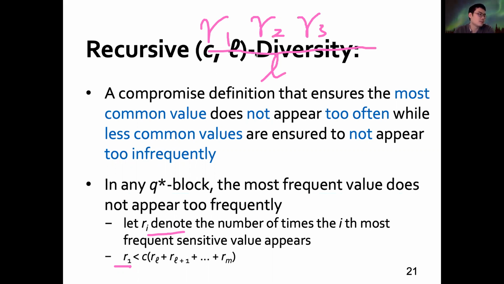But they are not so common, compared with the rest of the rare diseases like heart disease, cancer, etc. These are rare ones, r_l through r_m. These are not too few. They combine, from l plus 1 to m, all these combine.